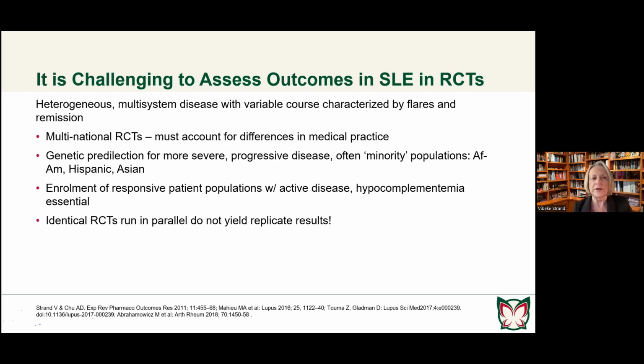And we do have other needs of the patients. And identical trials run in parallel to phase 3s that are essentially very similar in design often don't yield replicate results. And it would be better if we went to 2 different designs.